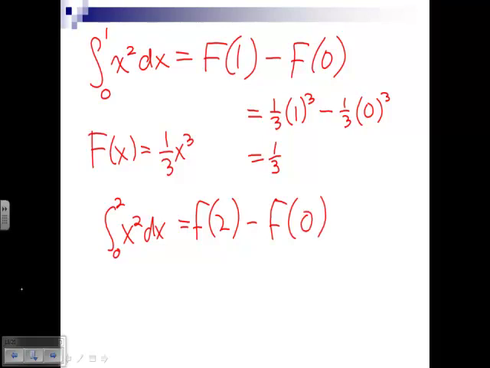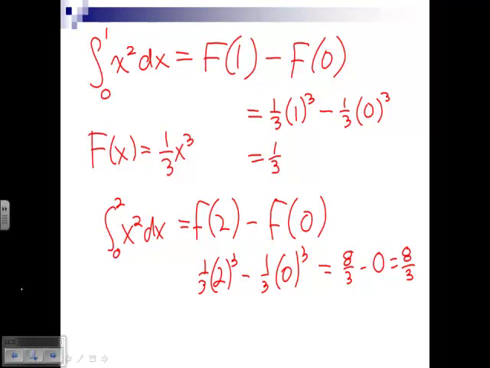Well, what is big F of 2? 1/3 times 2 cubed minus 1/3 times 0 cubed. 2 cubed, that's 8. 8 over 3 minus 0 is 8/3. That number sounds familiar.